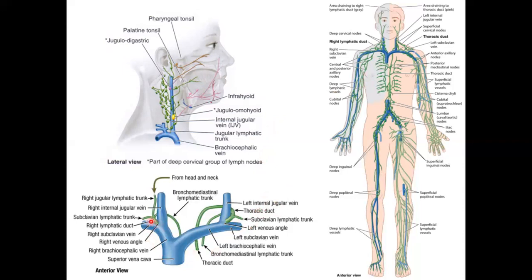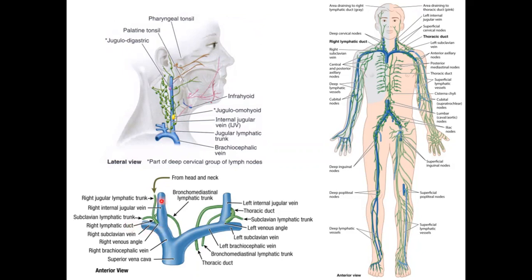But both of these ducts, when they drain the lymph fluid back into the venous blood system, at each instance, it's where your internal jugular vein and your subclavian vein meet. So at that apex where they meet and then turn into your brachiocephalic veins.